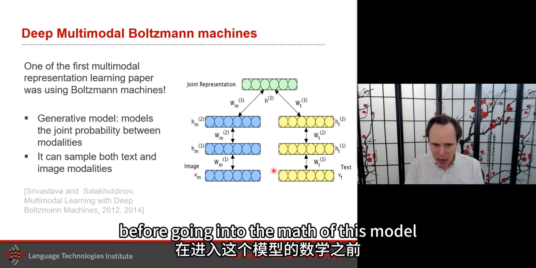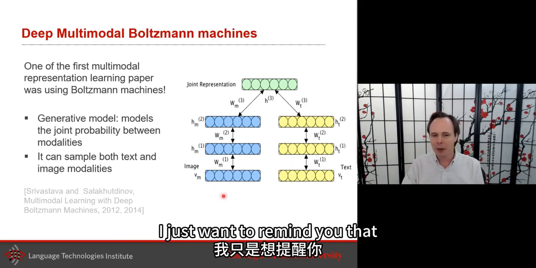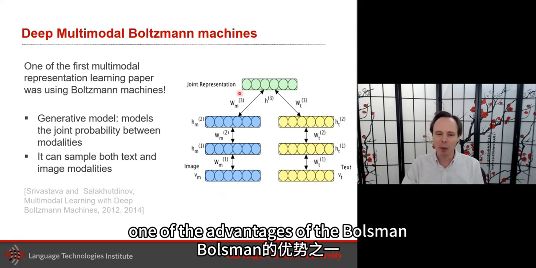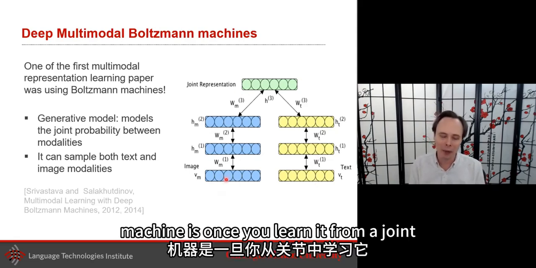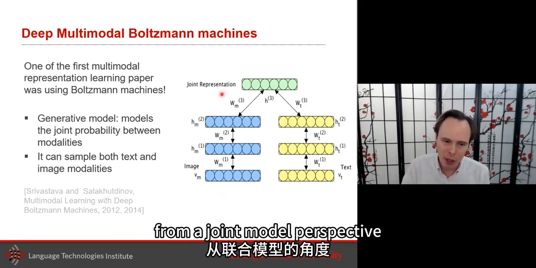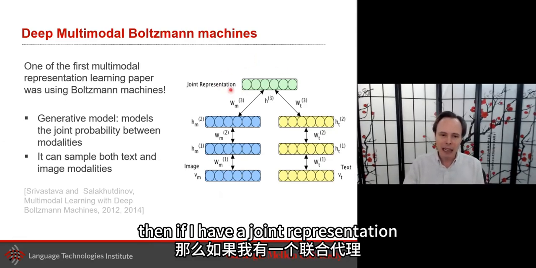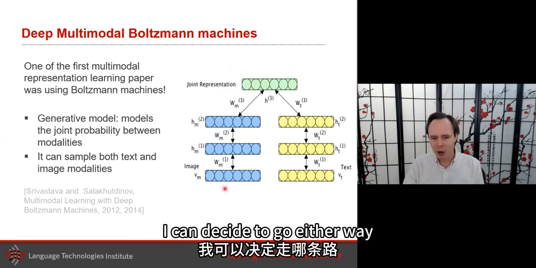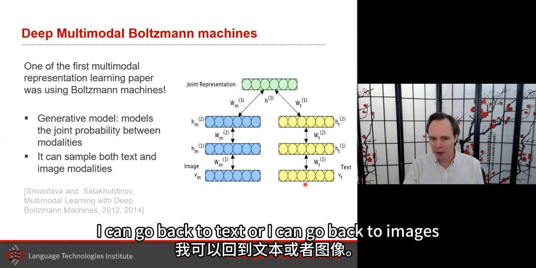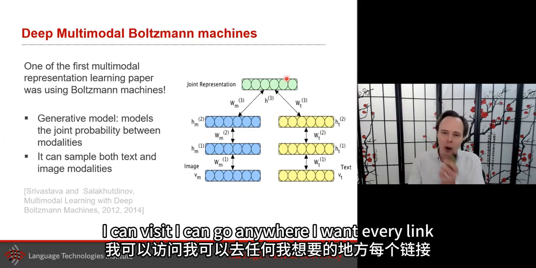Before going into the math of this model, I just want to remind you that one of the advantages of the Boltzmann machine is that once you learn it from a generative model perspective, if I have a joint representation, I can decide to go either way. I can go back to text, or I can go back to images. I can go any way I want, every link.